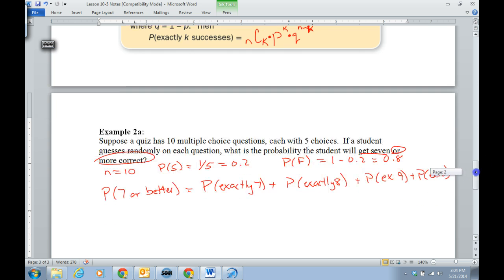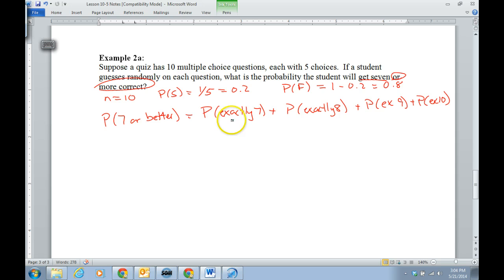Okay? So, let's figure this out. P of exactly 7. We're going to use the C values to find this because we don't have our Pascal's triangle all the way down on the board. Actually, it has to be row 10, right? 10 trials. But we're going to write it out like this.